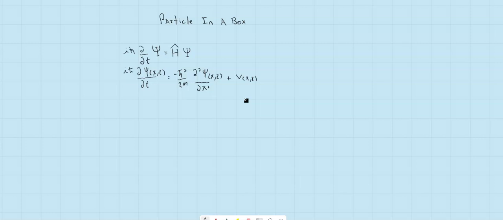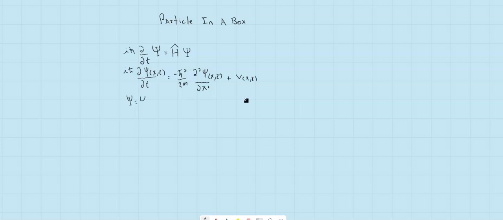Now, what we see is that we have a partial differential equation, second degree, and they are very tedious to work with. So what we could do is find out if this is a separable differential equation, and the way we're going to go about it is that we're going to say psi is equal to the product of two functions.